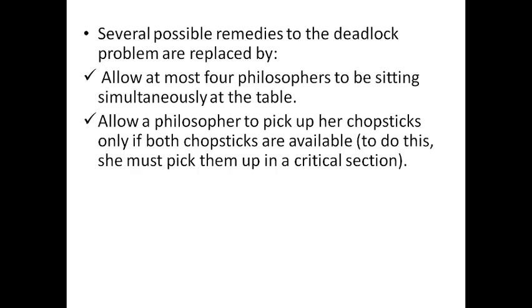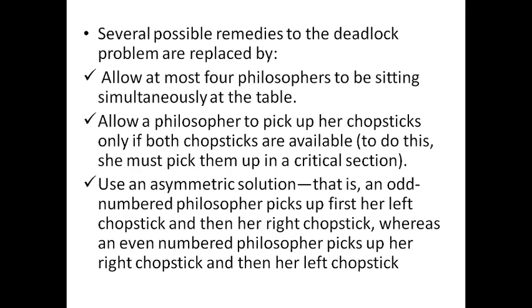This will avoid the deadlock problem. And the third solution is to use an asymmetric solution: an odd numbered philosopher picks up first her left chopstick and then her right chopstick, whereas an even numbered philosopher picks up her right and then her left. In this way, not all of them will get the left fork without being able to get the right fork. Some will get both of them, so the problem will be eliminated.